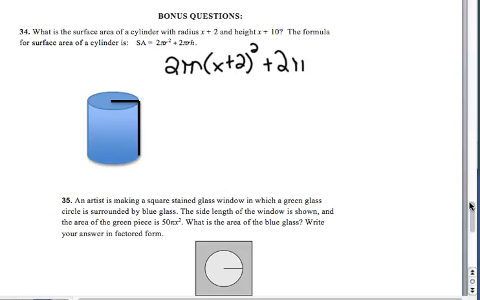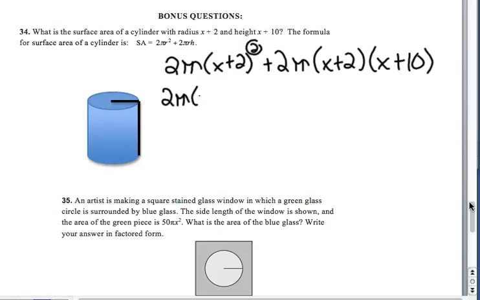And then the radius again, and the height. Okay, so for this one, the first thing I can do is just start plugging those things into the formula. Okay, and now, of course, that squared is going to have me write this out twice.